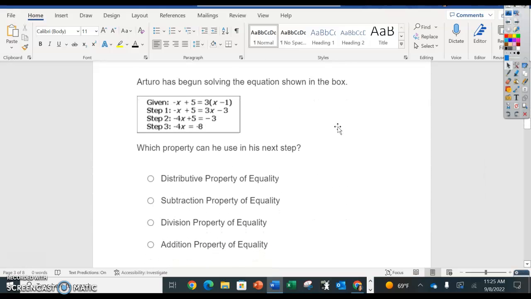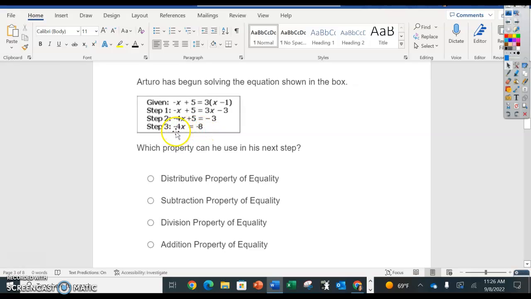All right, the next question says, Arturo has begun solving the equation shown in the box. Which property can be used in his next step? Okay, so you see here he did distributive property, then he subtracted 3x from both sides, then he subtracted 5 from both sides, and what is he going to do in the next step? So -4x equals -8.